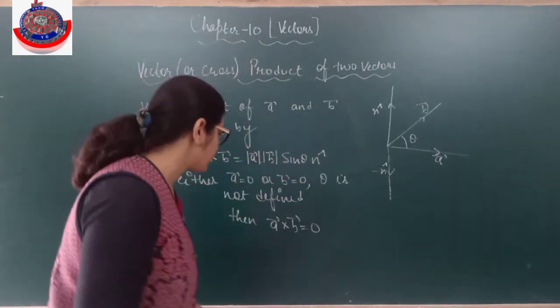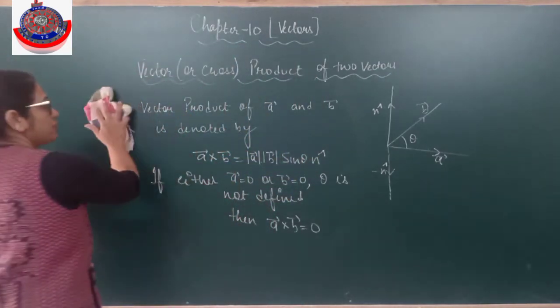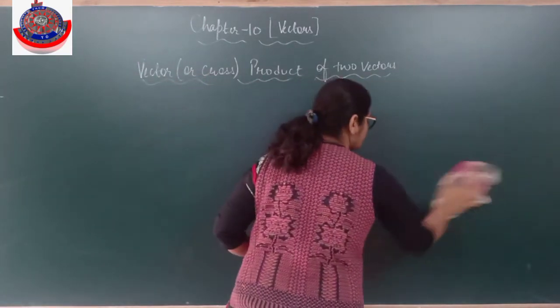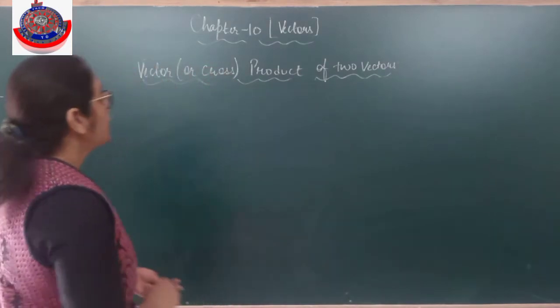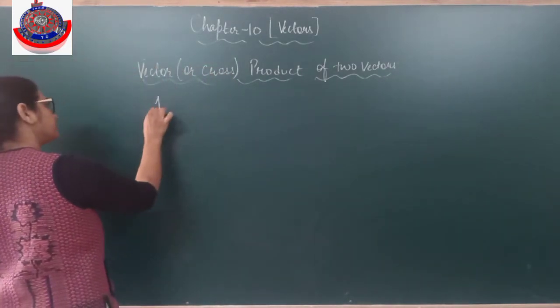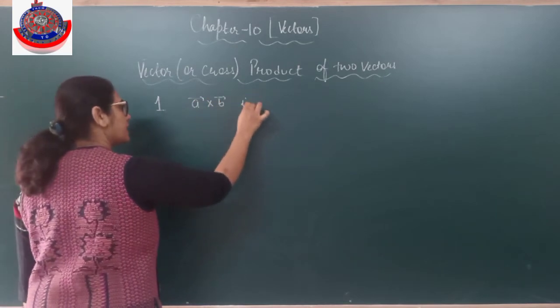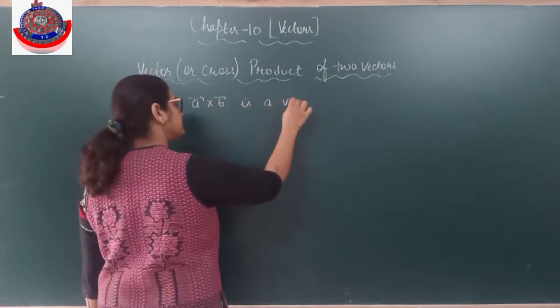Now there are some notes which you need to remember, very, very important. Number 1: A vector cross B vector is a vector quantity.